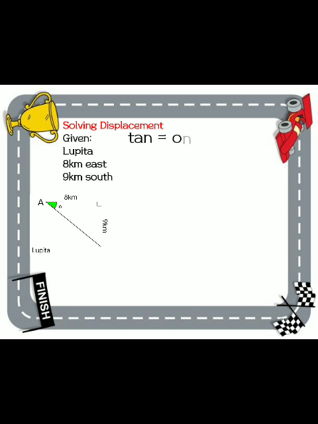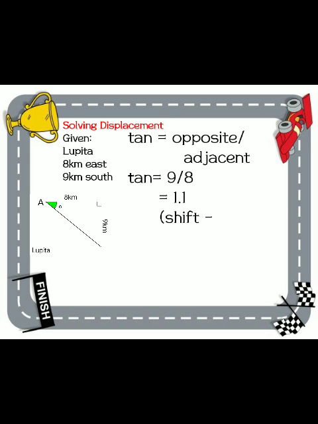Let us now solve for the angle using the formula TOA, which is tangent equals opposite over adjacent. Our opposite will be 9 since our theta is at angle A. So 9 over 8 is equal to 1.1. Repeat the step before: press on the calculator shift, tangent, and the answer 1.1.